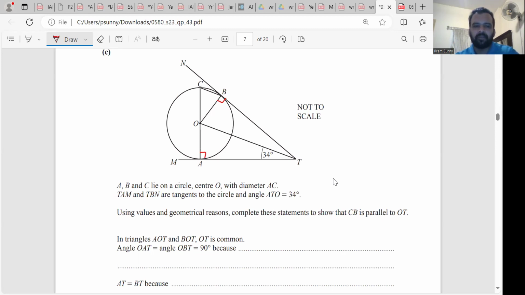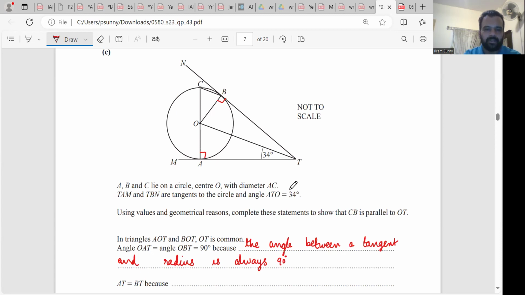We know the reason: this is a tangent and OB is a radius. Also, this is a tangent and OA is a radius. So we know that the angle between a tangent and radius is always 90 degrees. So that is the reason.